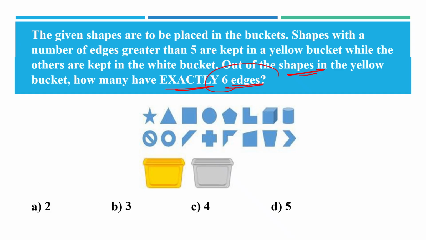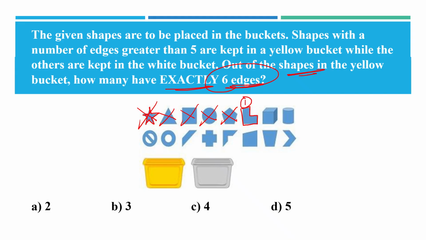So edges, as you know, are sides or straight lines. Let me go here with the star: 1, 2, 3, 4, 5, 6, 7, 8, 9, 10. So this is not the shape we are looking for. In that case, I eliminate this because it is a triangle, this is a quadrilateral, a circle, a pentagon. Let's check the number of sides in this shape: 1, 2, 3, 4, 5, 6.